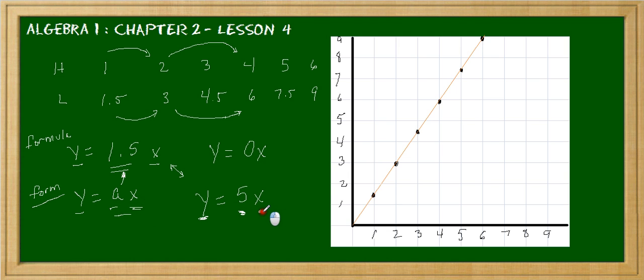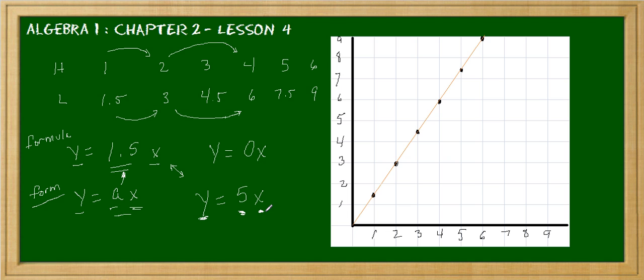So when we're looking at things, we have to look at them in terms of form. And that's going to be very important throughout this class that you understand forms, being able to see the form of a particular equation or a particular type of expression. You have to be able to identify these things and say, oh, okay, I see the y, I see the x, and I see the a, though it doesn't say a. That's the number, quote unquote, a. There it is. So there's the form.